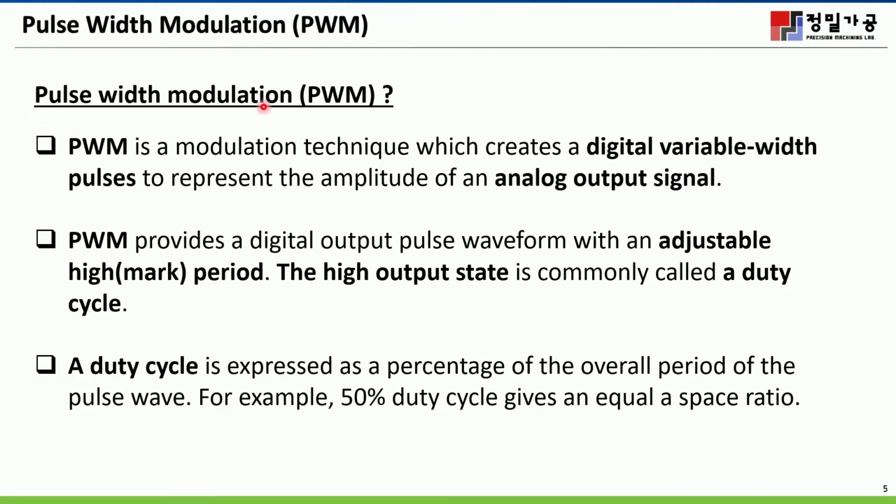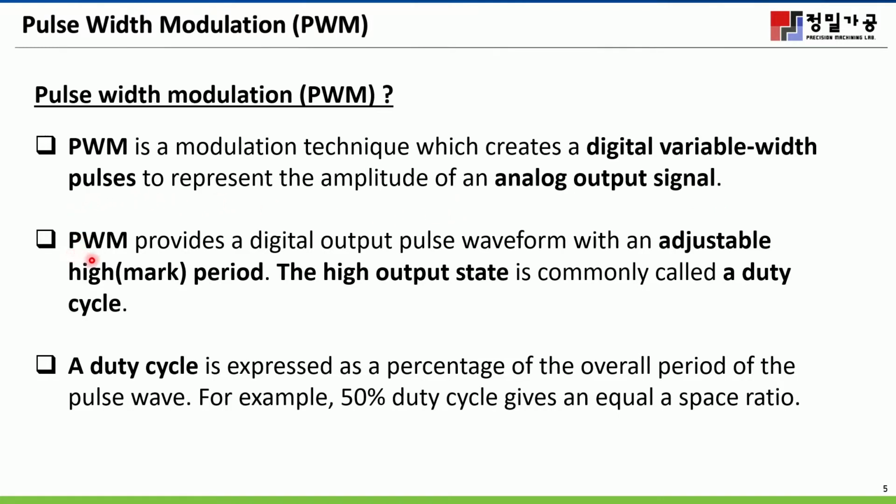Pulse width modulation is actually a modulation technique that can create a digital variable with pulses, and these pulses can represent the amplitude of an analog output signal. If you take the average value, you get the analog output signal.